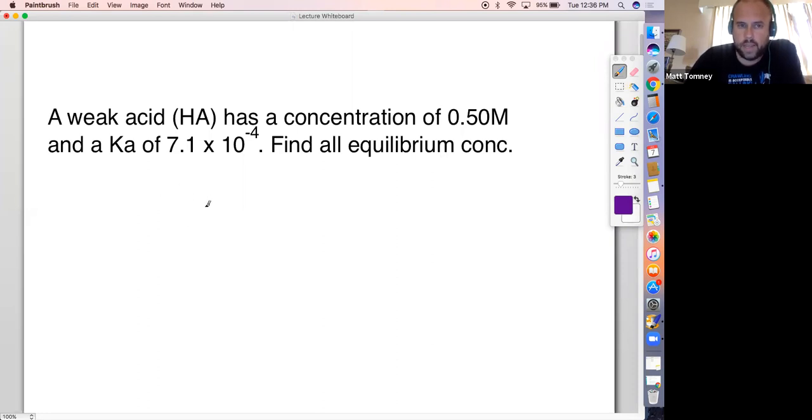Okay, so what that means is that if I were to draw a general acid-base equation, I can say that a weak acid will be in equilibrium with, and you can use H plus or H3O plus, those are used interchangeably, right, plus its conjugate base. And all of these would be in an aqueous state when we're working with them.